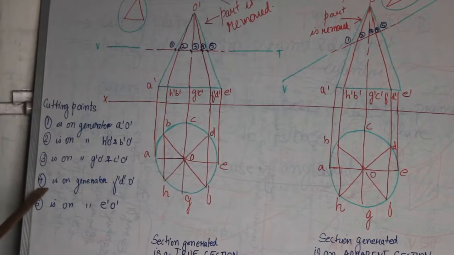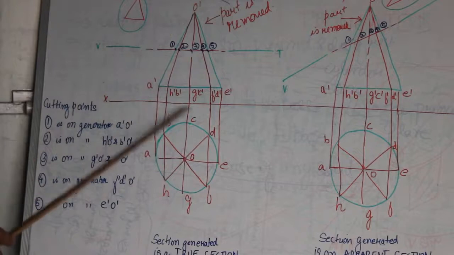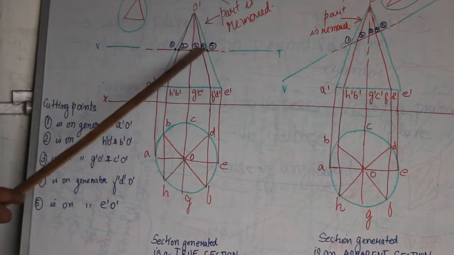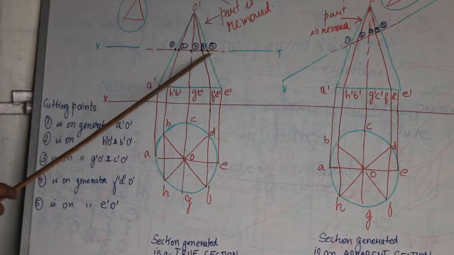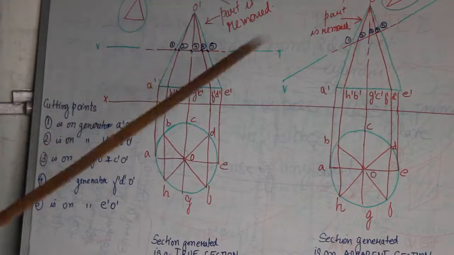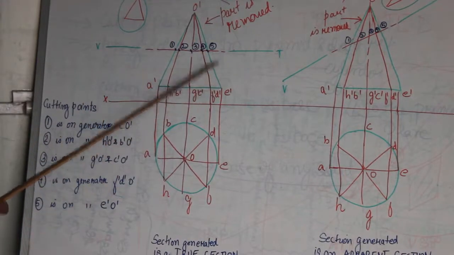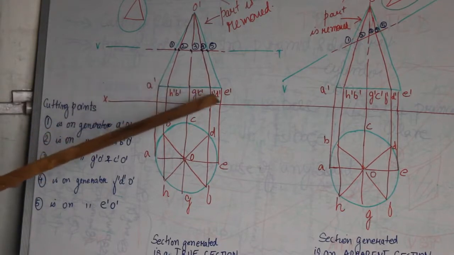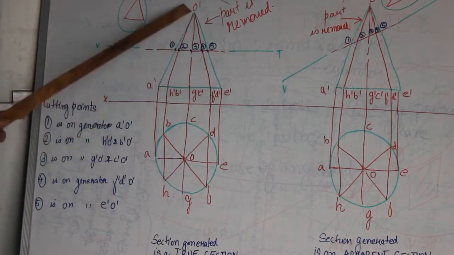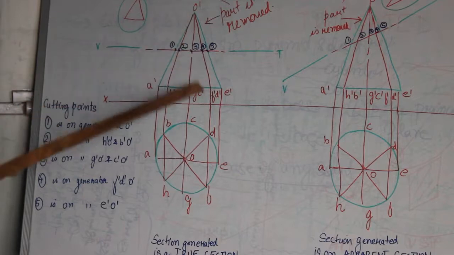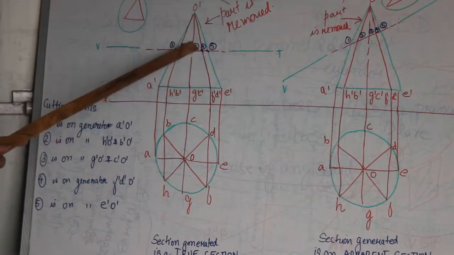Next, cutting point 4 is on the generator F dash O dash. Here is the point number 4. It's very small, I hope it's visible to you. And D dash O dash. You can see here in the front view F dash, D dash, the generator number 4, it's coming here.